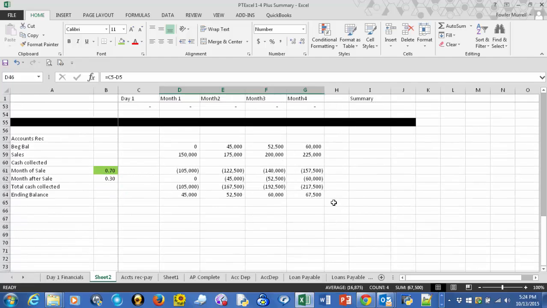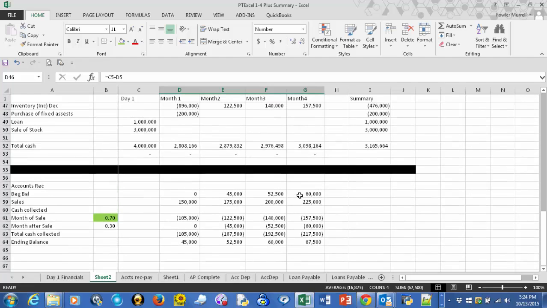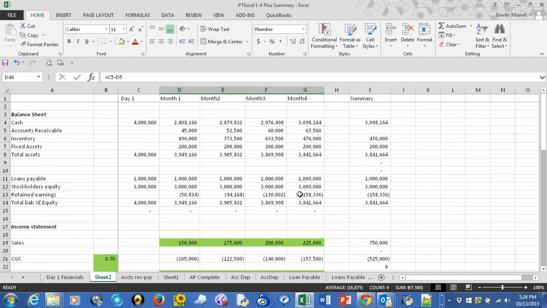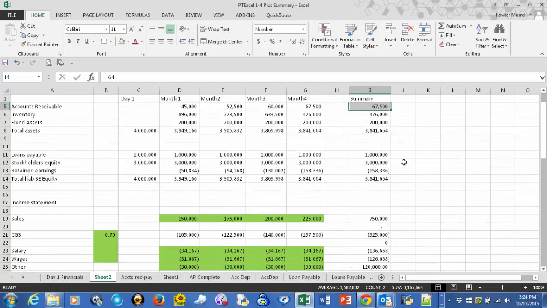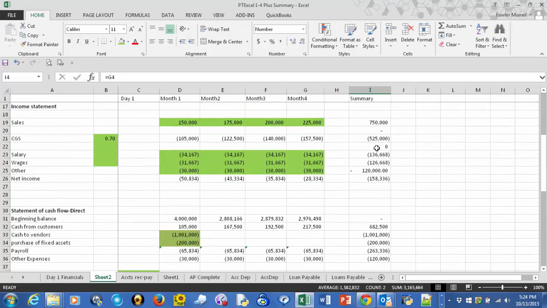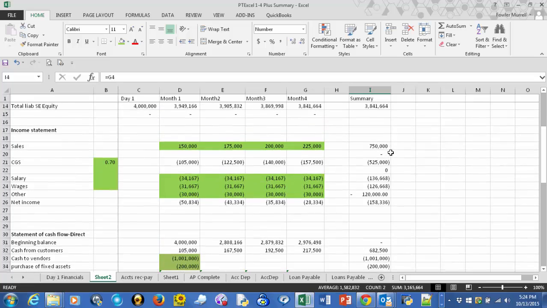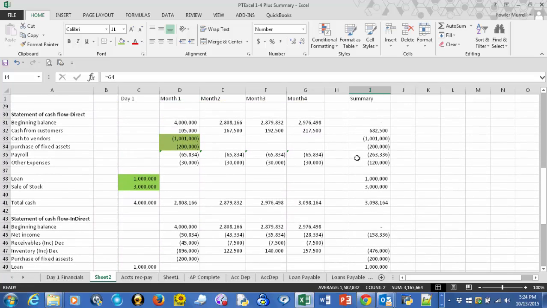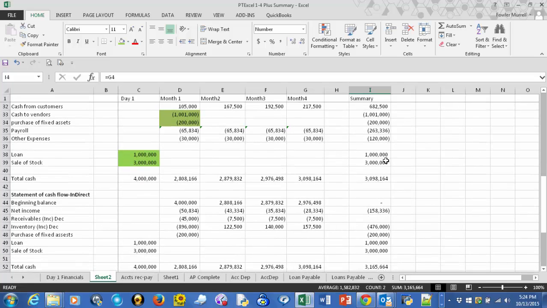We are complete. We have the accounts receivable table, and we have financial statements that are balanced. We need to fix the summaries. Again, we have a hole in the summary. Just drag what's missing down. There's no hole there. This is okay. We're okay here.